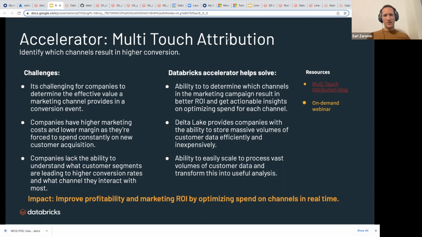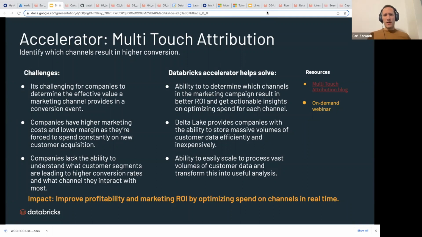If you have any sort of marketing efforts, whether to acquire new customers or to upsell them, or any type of communication touches that you need to have, it could even be in healthcare, with patients or doctors, for example.